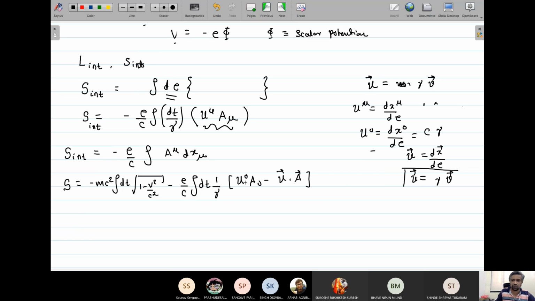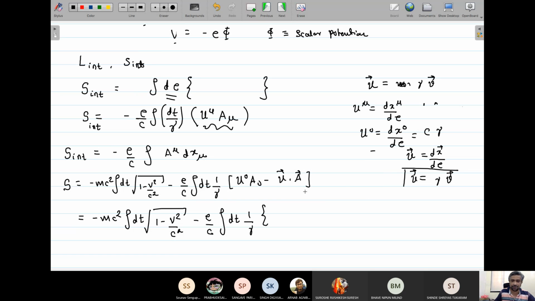Now you substitute for u^0 and vector u, and noting that A^0 is just phi, the scalar potential, we get minus mc square dt square root of 1 minus v square divided by c square, okay, minus e by c dt, 1 over gamma.